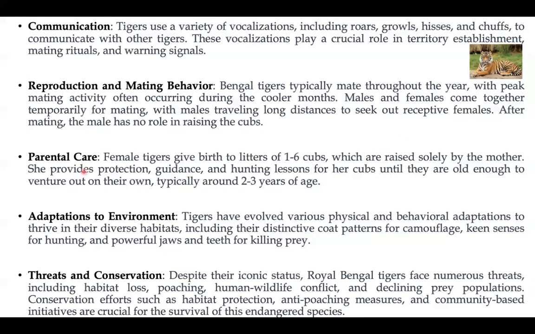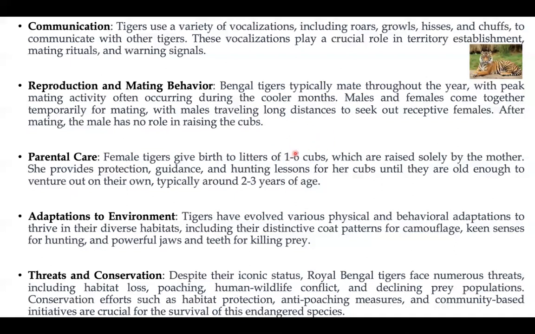And for parental care, after the gestation period, the calves are born, and those calves are taken care of by the females particularly. The litter size, or the prolificacy, what we say, is around 1 to 6 calves.